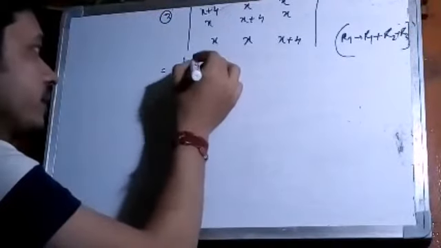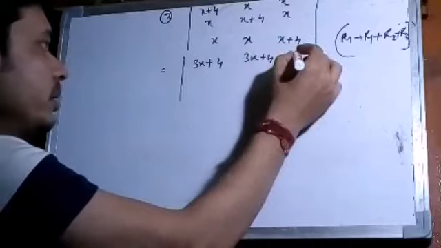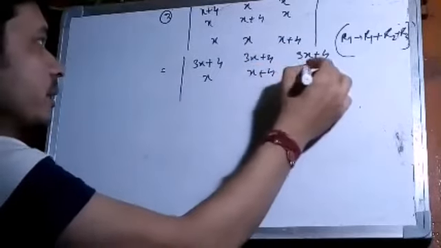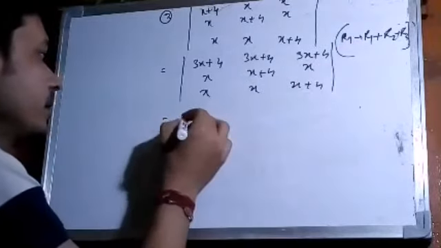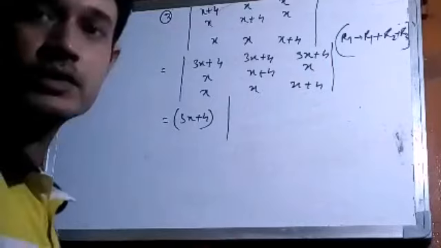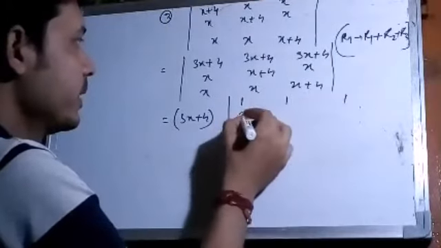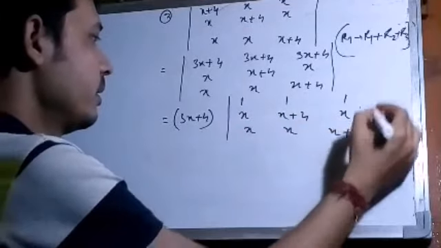So what we get, the first row, all the elements will be 3x plus 4. Then we have x, x plus 4, x, x, x, x plus 4. So we take 3x plus 4 out of the determinant as common from the first row. So we are left with 1, 1, 1. Then we have x, x plus 4, x, and x, x, x plus 4.